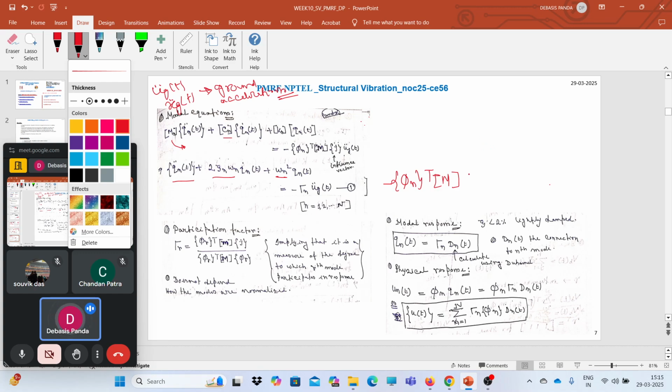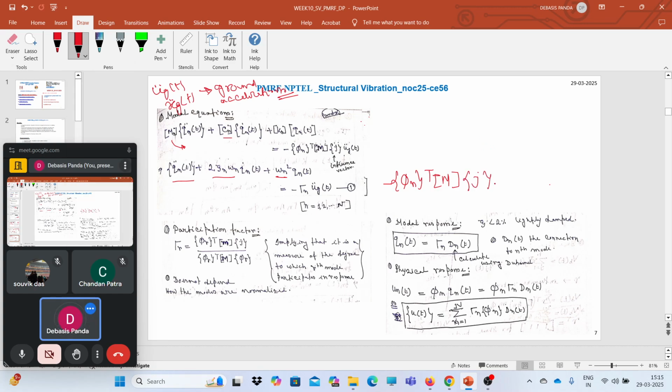So we are left with phi n transpose m and the j vector, which is a vector of size n cross 1, and we have ug double dot, which is a single value. Now divided by, because we have used phi transpose m phi, phi n transpose m phi n, right?